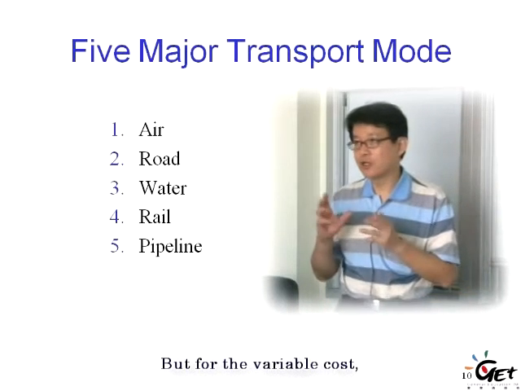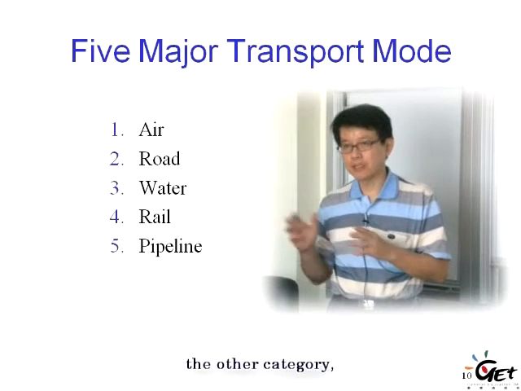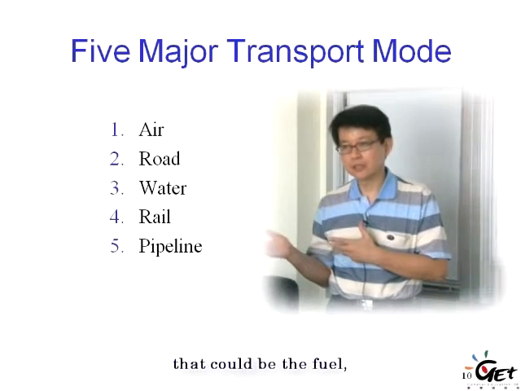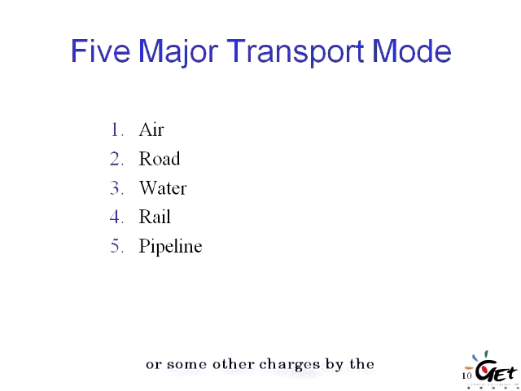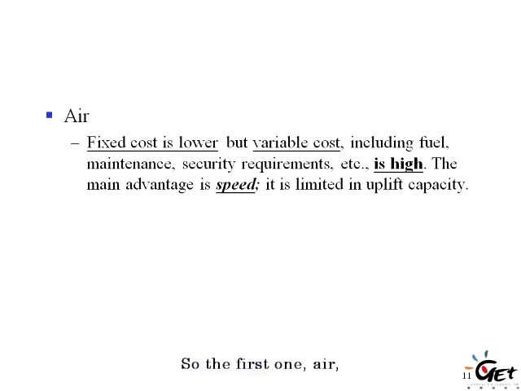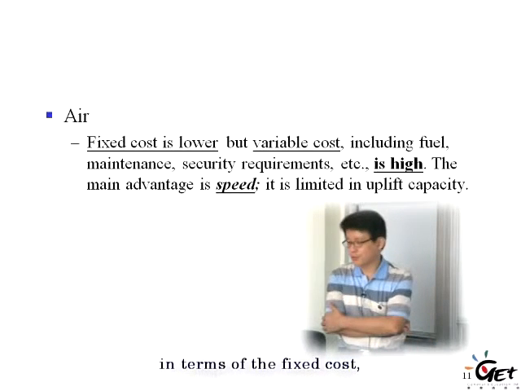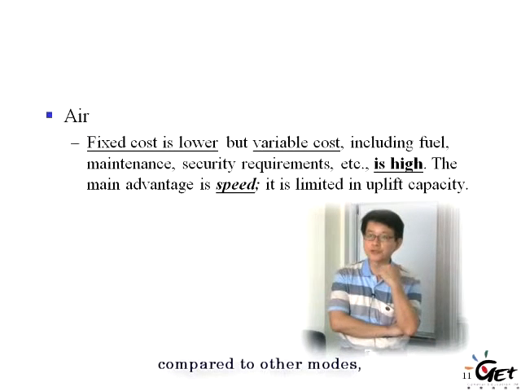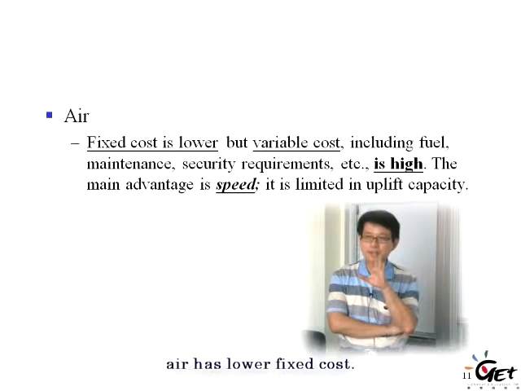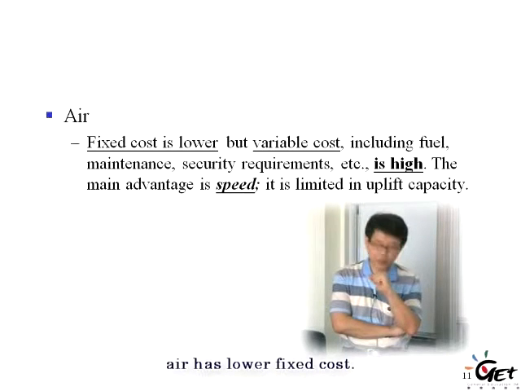But for the variable costs, the other category, that could be like fuel, gas, or some other charges by the transportation administration agencies. So air, the first one: in terms of fixed cost compared to other modes, air has lower fixed cost.